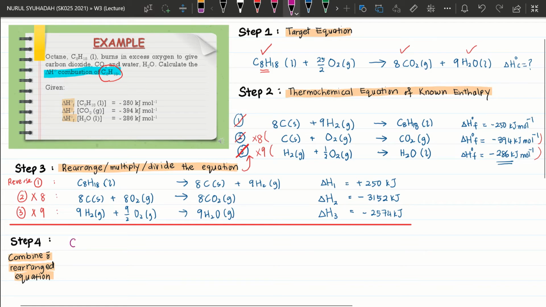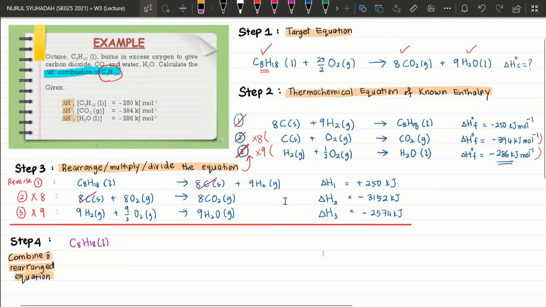C8H18. And then carbon. The carbon over here on the right hand side, and I have it also on the left hand side. When you want to cancel out the same term, it must be the same number, the same magnitude. So carbon, carbon.